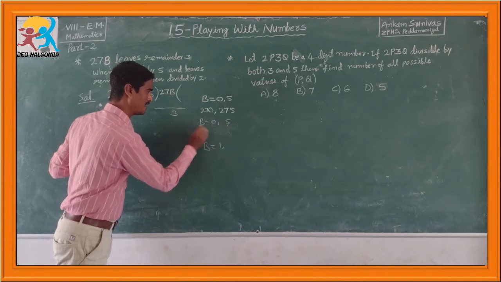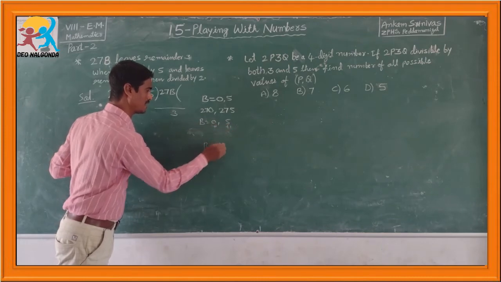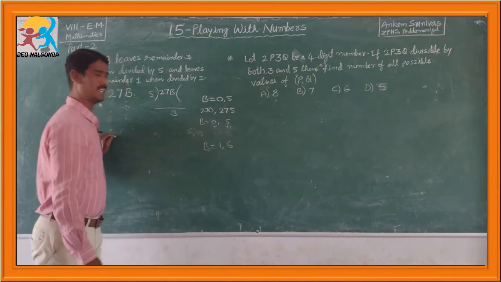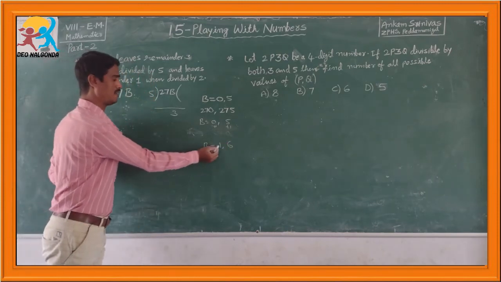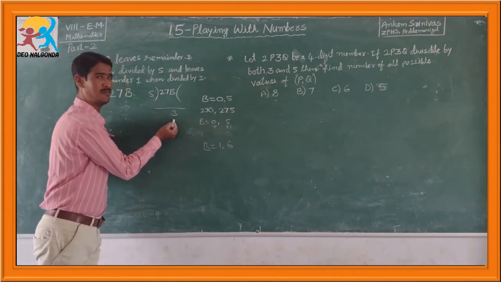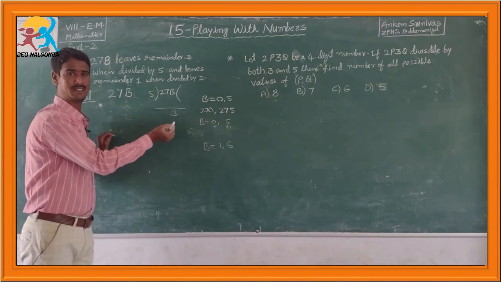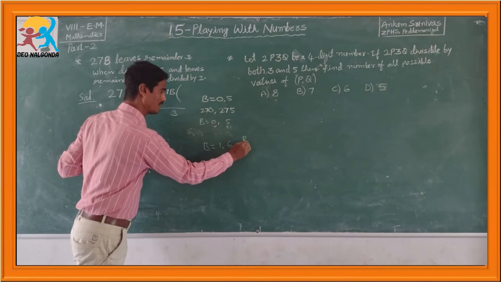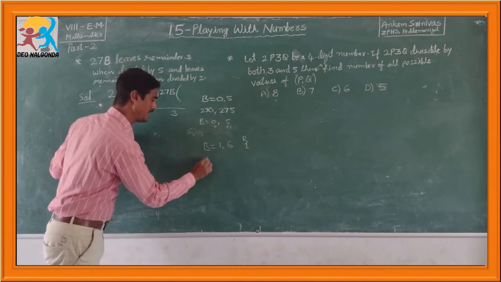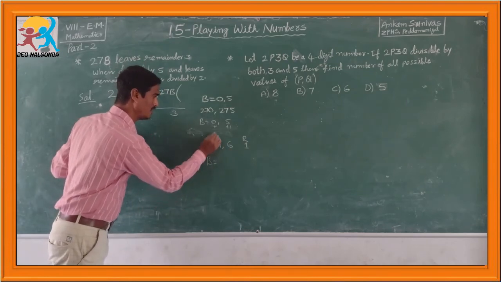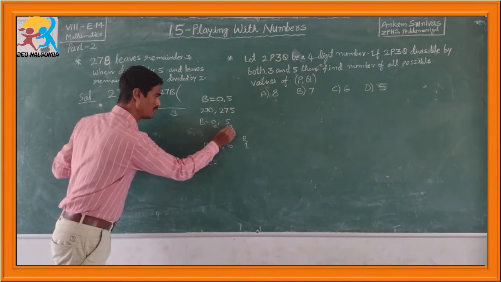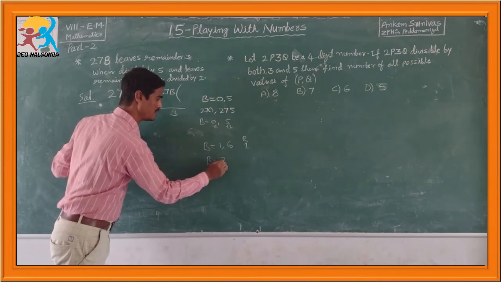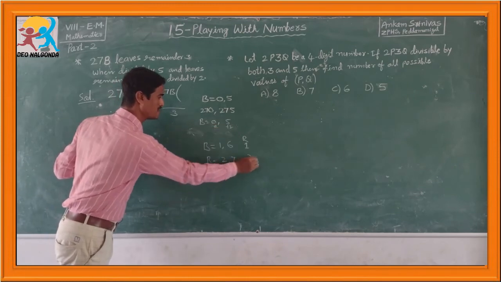If I add plus 2, b equals 2 or 7, remainder is 2.